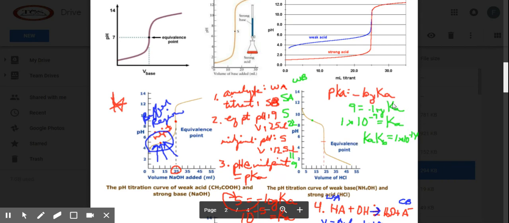So if they want a Kb instead of a Ka, because our analyte is a weak base, all you have to do is find your Ka value, plug it into this equation by dividing 1 times 10 to the negative 14 divided by Ka, which in this case would be 1 times 10 to the negative 9, and that will give me my Kb value. So that's how you do it if they want Kb, because we're working with a weak base here instead of a weak acid on the left.